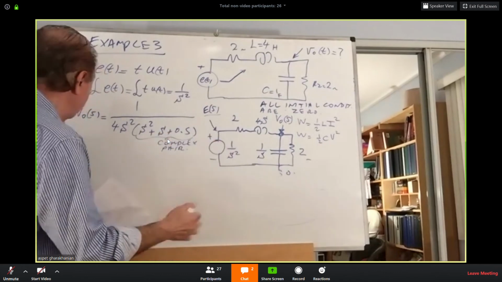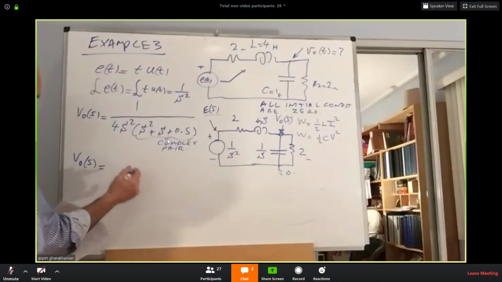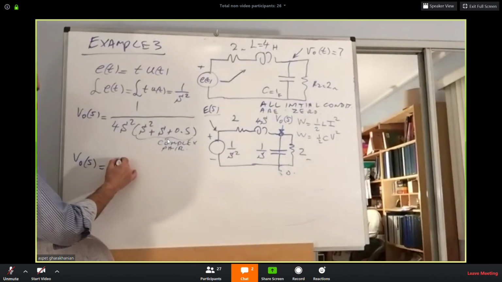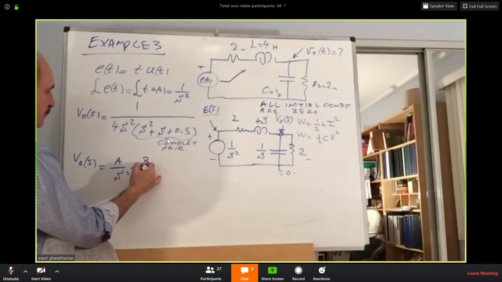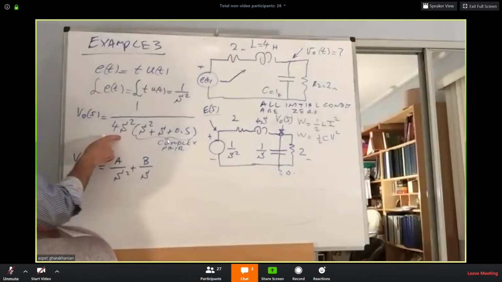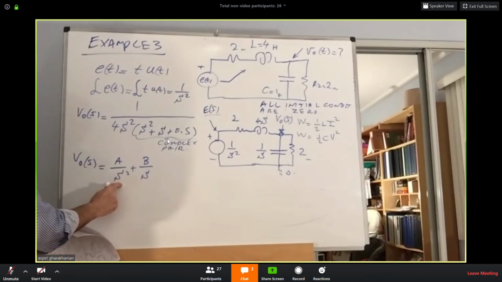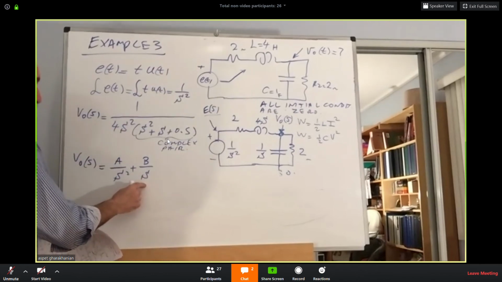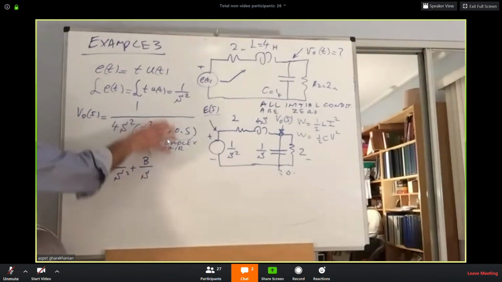So instead, you will have VO of S equal to a generalized A over S squared, plus B over S. That's for the duplicate one, this is a double pole, so you have a term of S inside that function.